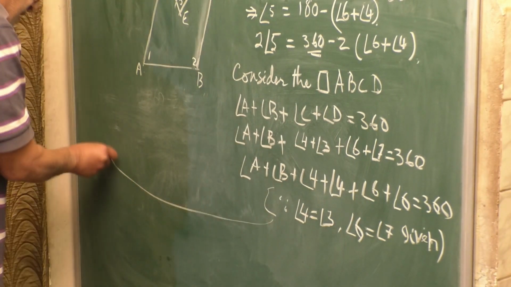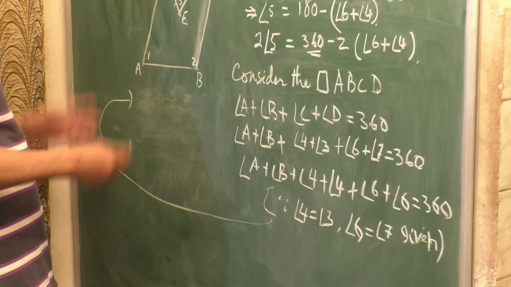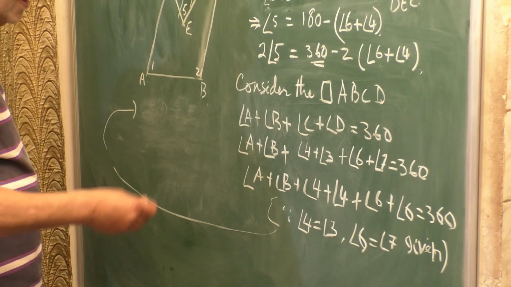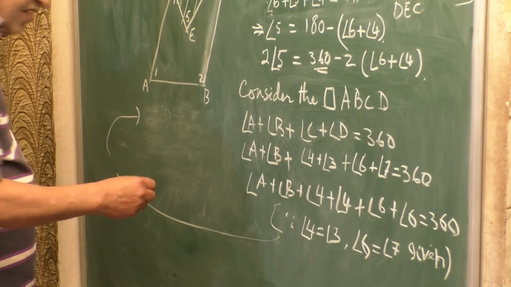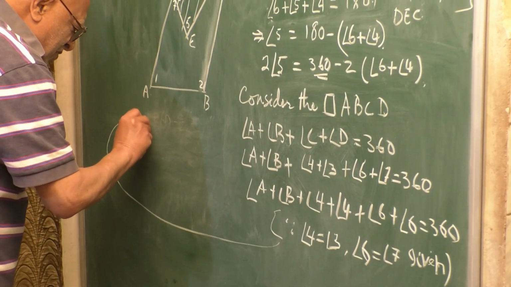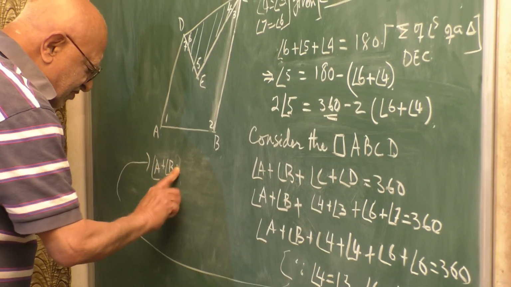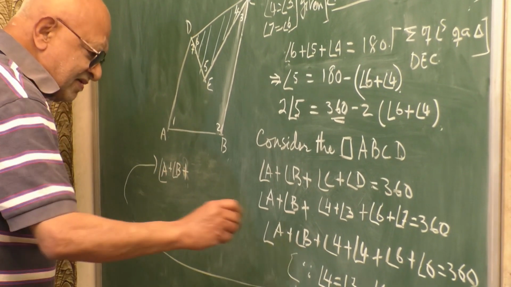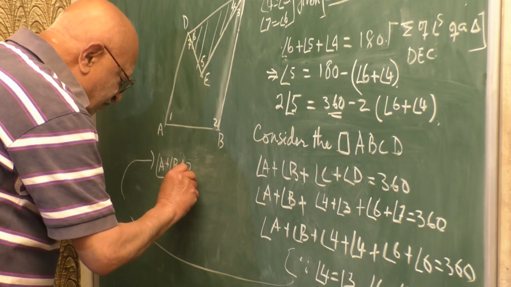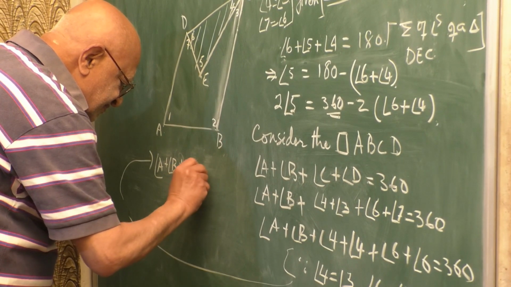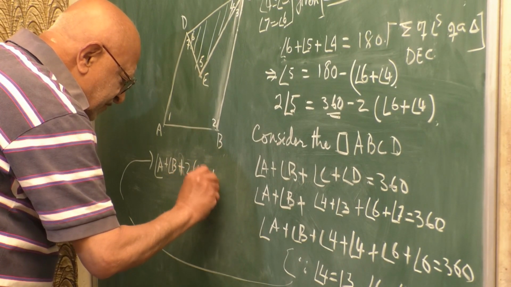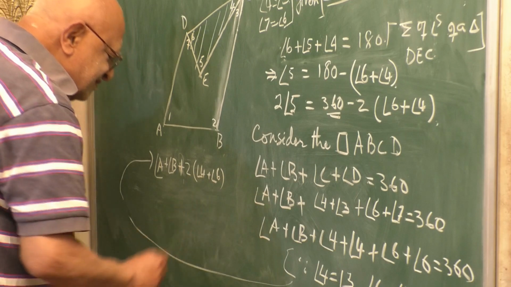Now from here, I'll come down to here. From here, let me start in this direction, so I don't have to bend. So in that case, I have angle A plus angle B plus 2 into angle 4 plus 2 into angle 6.